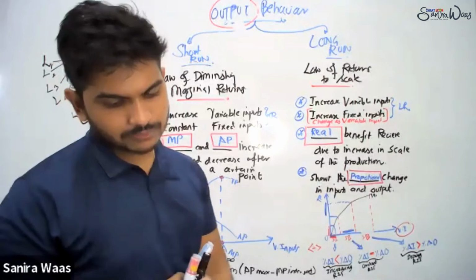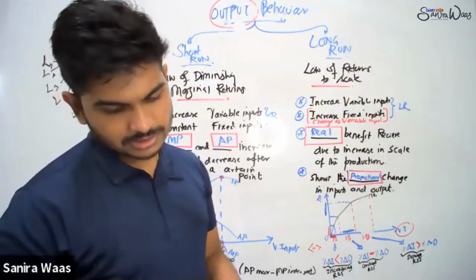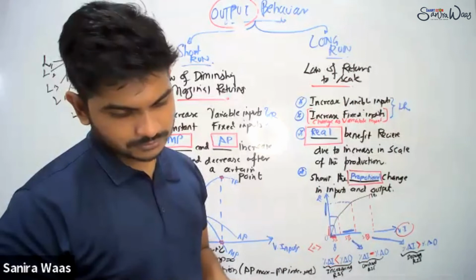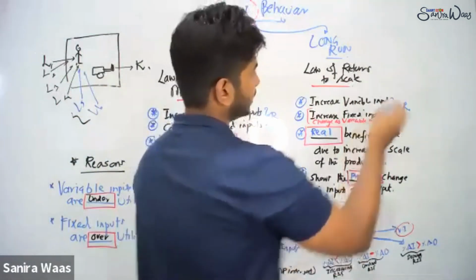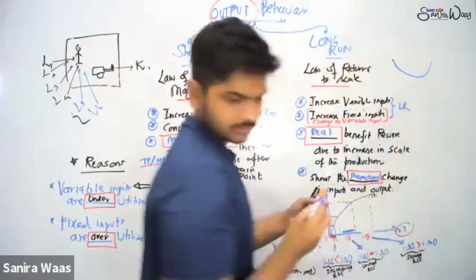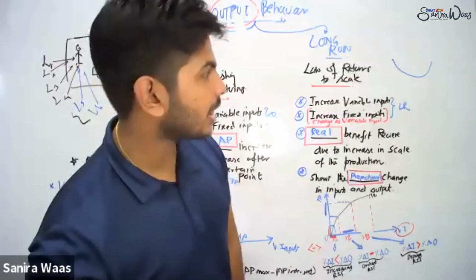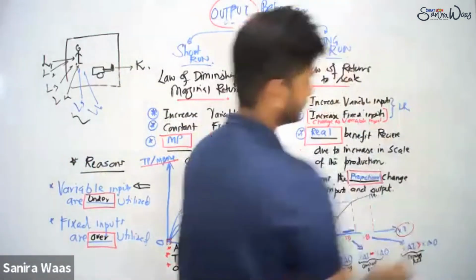I didn't get the point you mentioned. It isn't shown by the ATC curve. I didn't get what you mean by the ATC curve. Do you mean something like this? No. You can't reflect the law of returns to scale in a cost curve. Why?